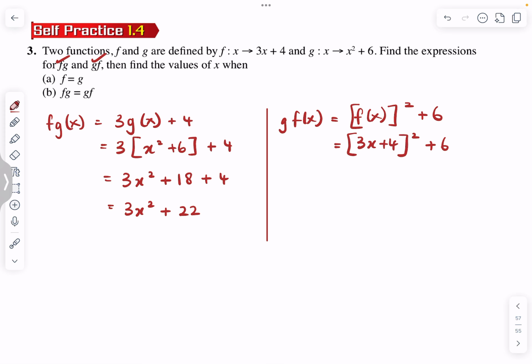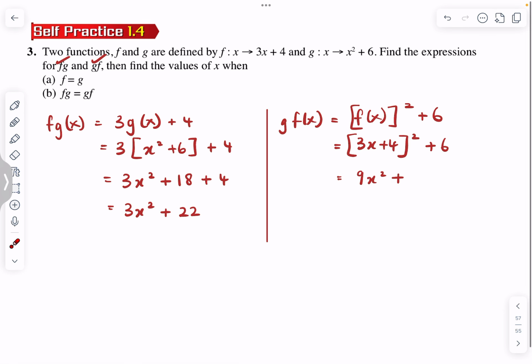squared plus 6. So we'll get 9x squared, and then the shortcut to square this is, first we must square the first term, and then we'll get 3 terms. The first term is just the square of this. The last term is the square of this.